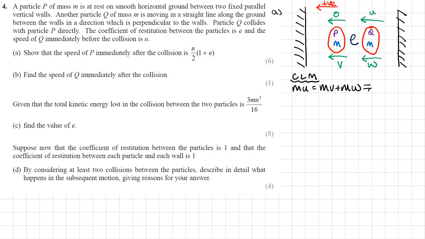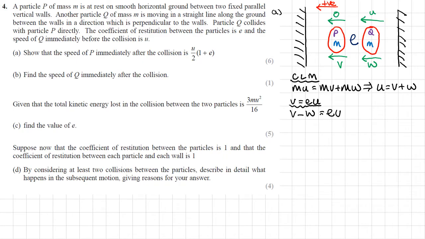I can cancel out all the m's and I get u is equal to v plus w. Next I'm going to use my coefficient of restitution. I've got v in front of w, so that's got to be going faster than w, so speed of separation v minus w is equal to e times the speed of approach, and that's just u because P is at rest.